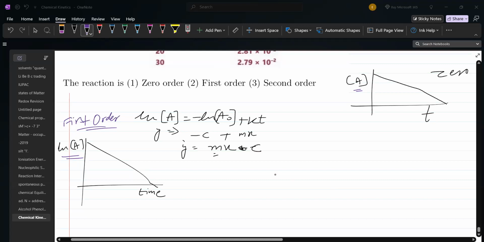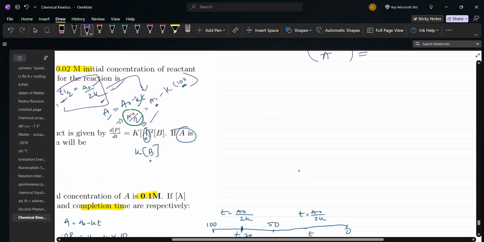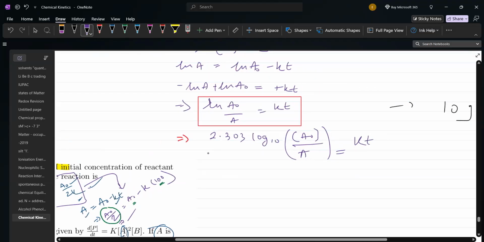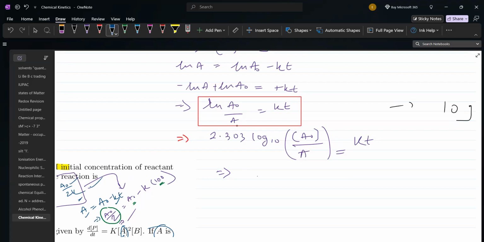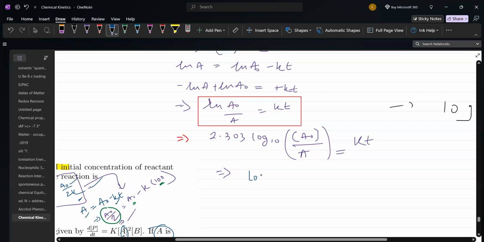Now let's see. You have to draw some other graphs as well. From this formula, we will derive other formulas as well. So log of A is equal to log of A naught minus KT.